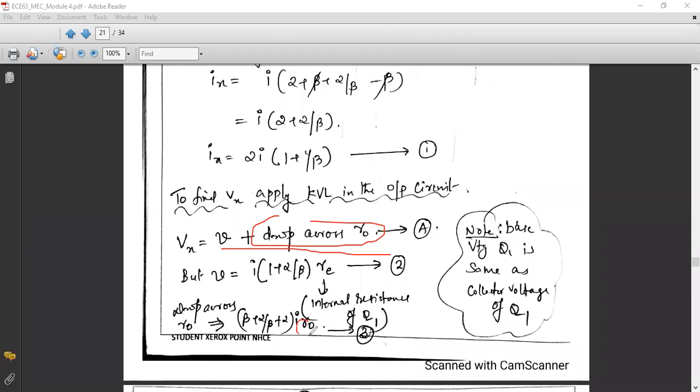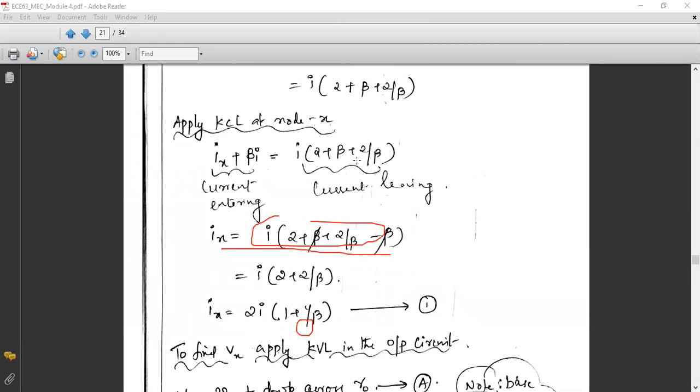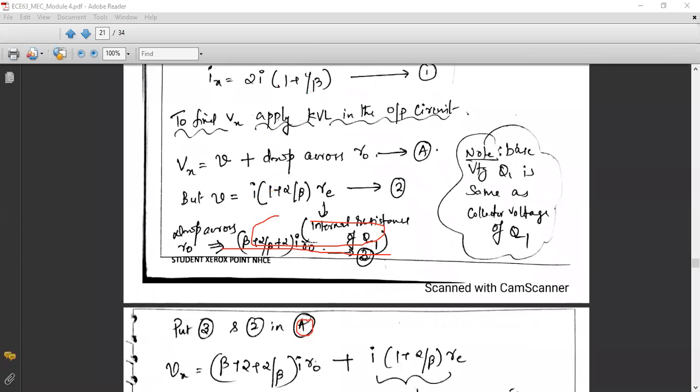You know that the current through resistance R0 is nothing but (beta plus 2)/(beta plus 2) according to our previous analysis, right? This equation. So you need to multiply this particular current with the corresponding resistance, small letter R0, so that you can come up with an expression for the voltage drop across R0. That is your second term.